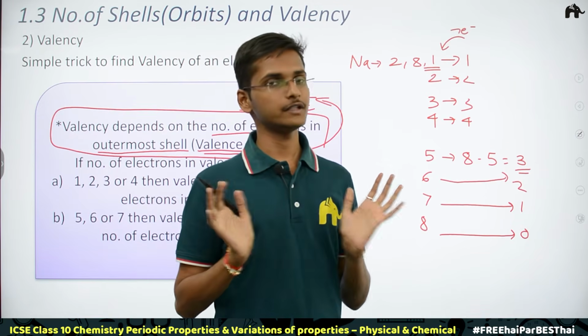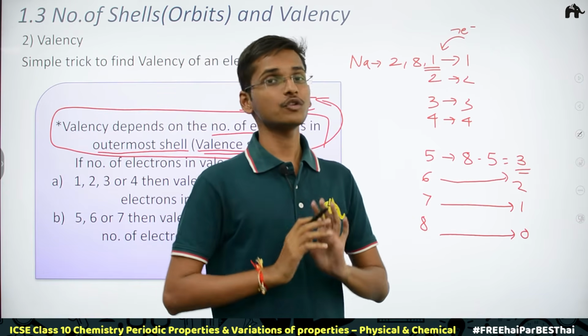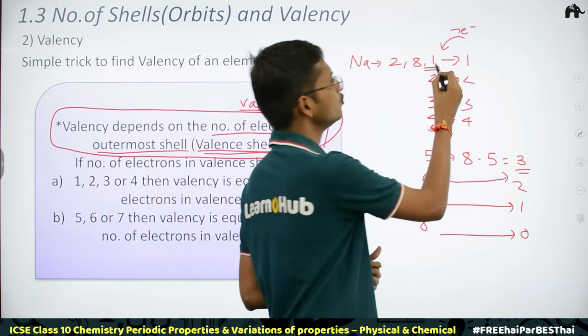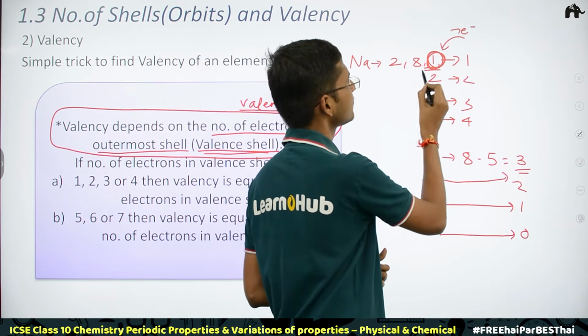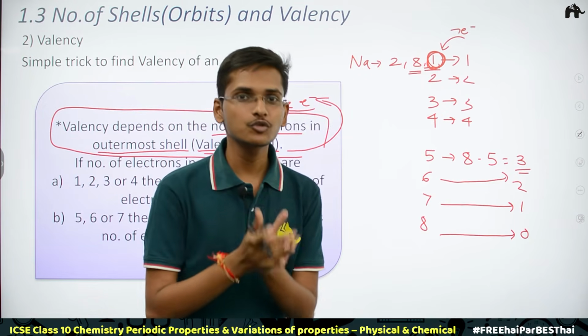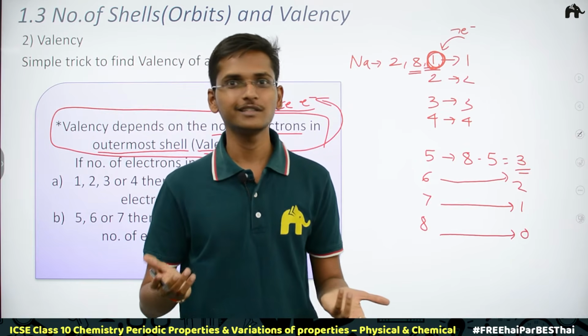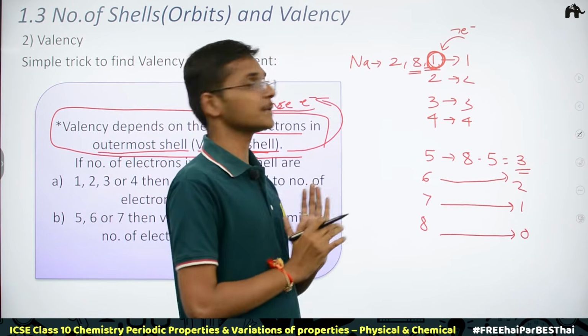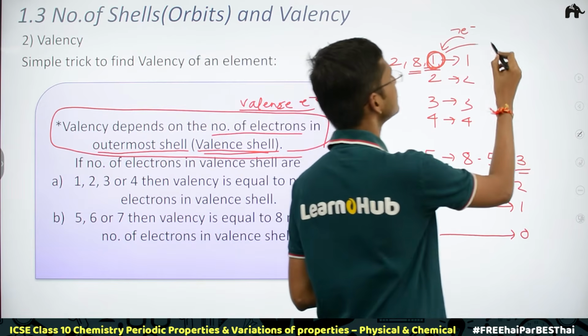Sodium feels, no, I'm not going to do that, because it is very difficult for me. Instead, I can just lose this 1 electron so that my resulting outermost shell would have 8 electrons. Yes, sodium is smart, so it does exactly that. It donates this 1 electron.